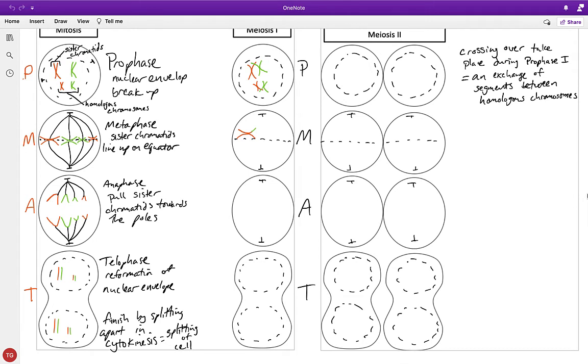Something different is happening here. So I'm lining up with one member of the homologous pair on each side of the equator, telling me that it's actually the homologous pairs we're going to pull apart. So here I can place my large green, and then the green that has the chunk of orange on it.